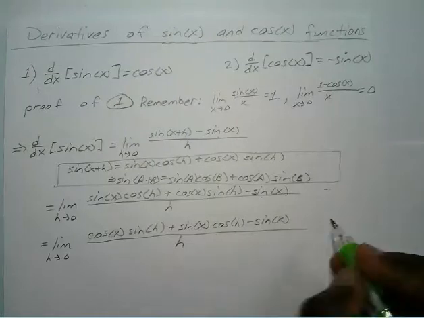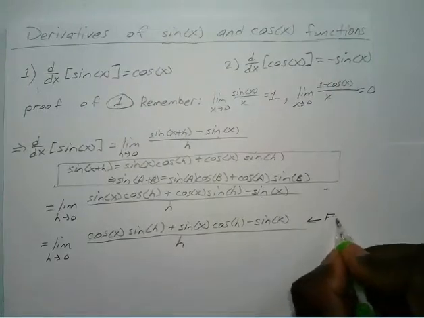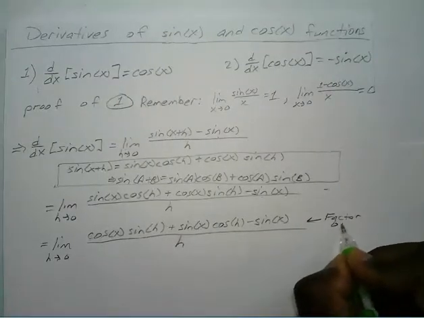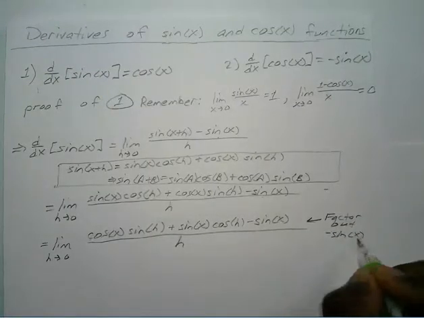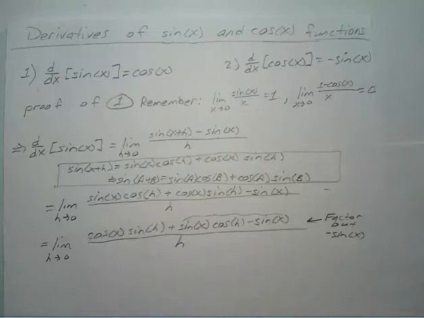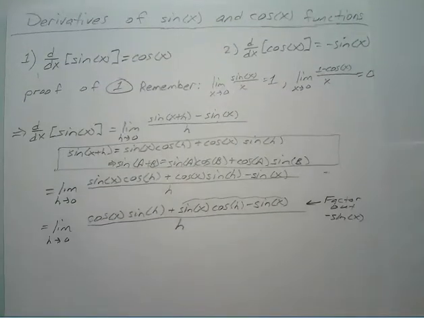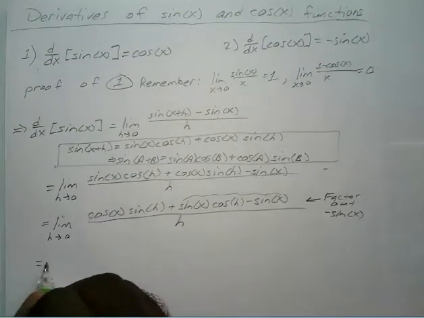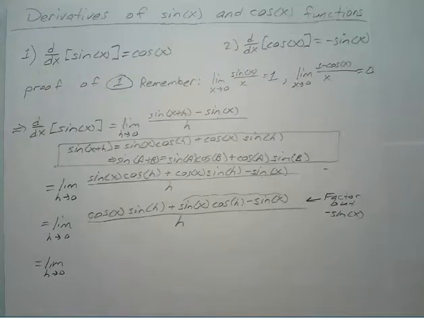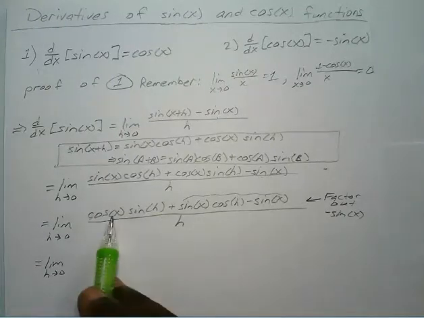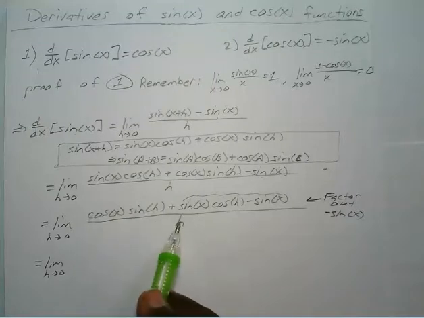Now we're going to factor out minus sine of x from these two terms. What that gives us is the limit as h approaches 0 of cosine of x sine of h over h.